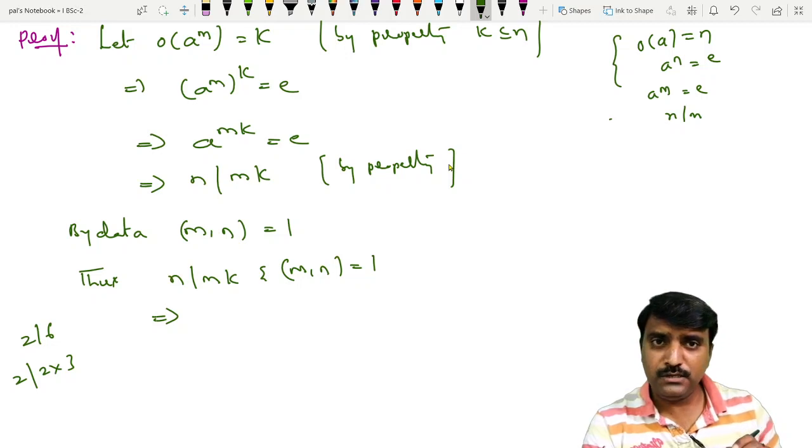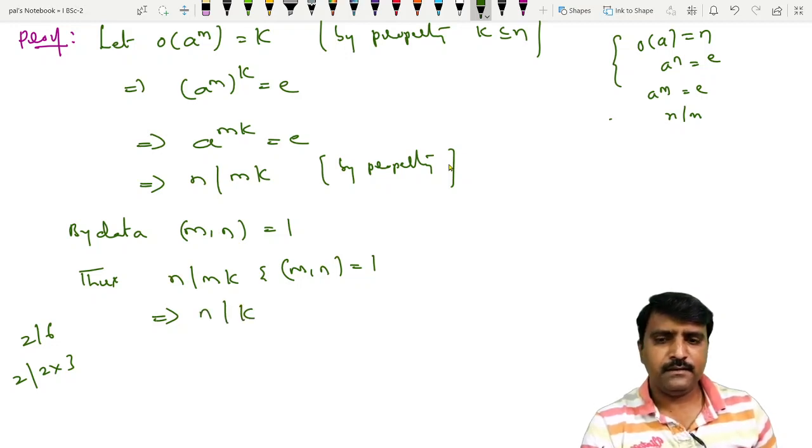It should divide at least one of these factors. Okay, so n does not divide m, so then definitely n divides k.